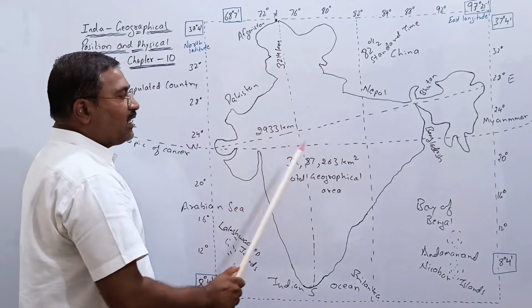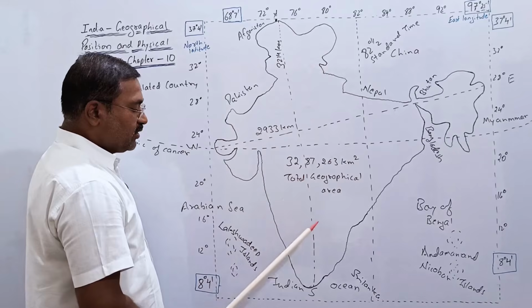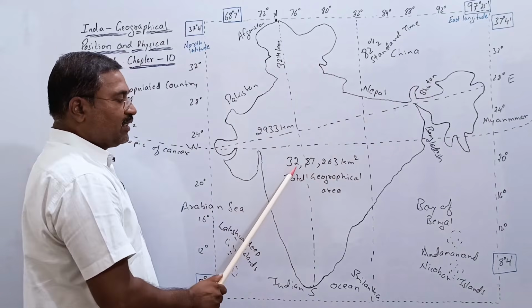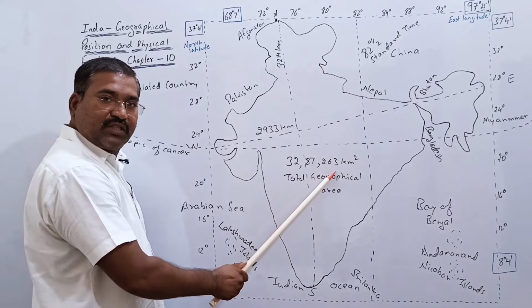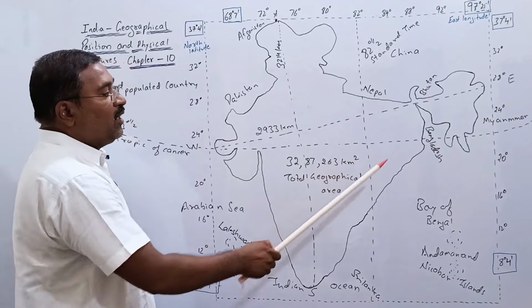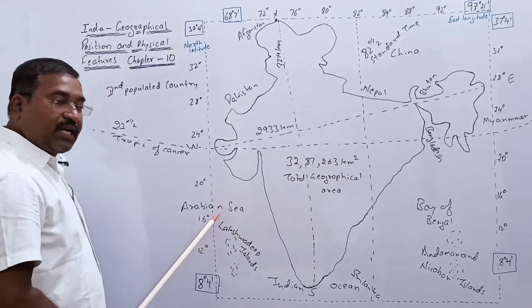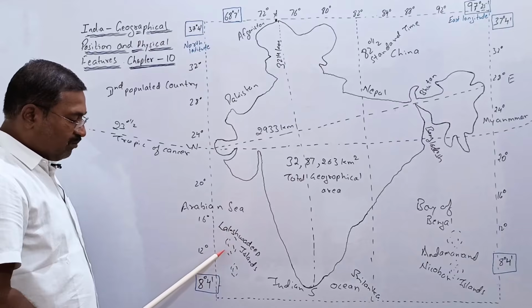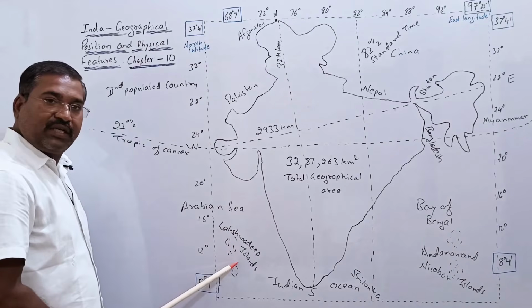Overall geographical area, north, west, south, east, is 32,87,263 square kilometer of area. Towards the western side, we have the Arabian Sea with islands called Lakshadweep Islands.